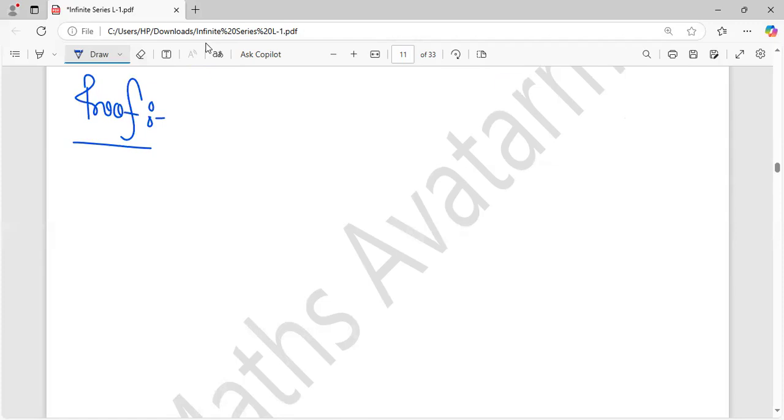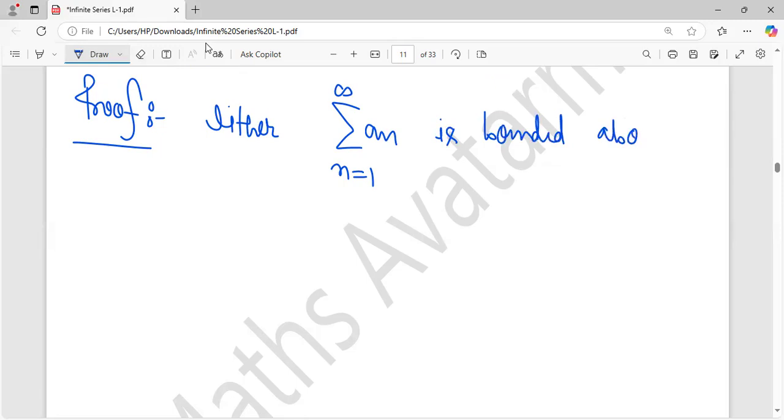So either this series is bounded above or unbounded above.